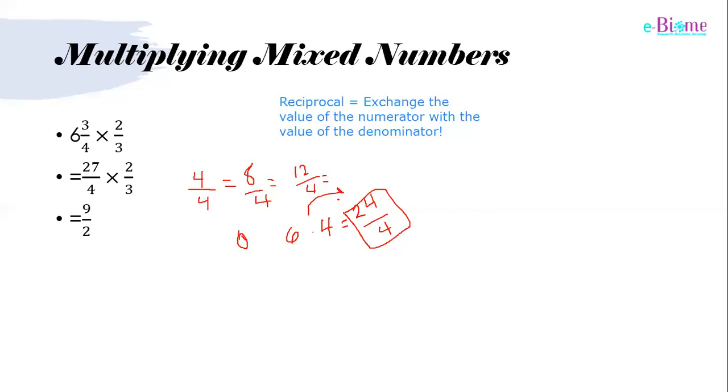Times 4 would give us that 24, and then we keep it over the 4, which basically means if we have 24 divided by 4, that gives us 6. I hope we can wrap our minds. Eventually it will become clearer and clearer. And so we now know that we can write 6 as 24 over 4.